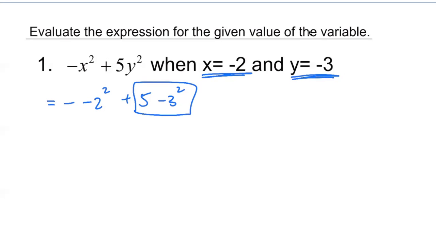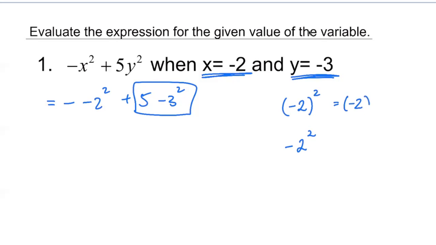Okay, so now let me go ahead and do a little side topic here. I just want to make sure that you understand the difference between this versus this. For the top one, squared means multiplying by itself, right? And there's a parentheses.